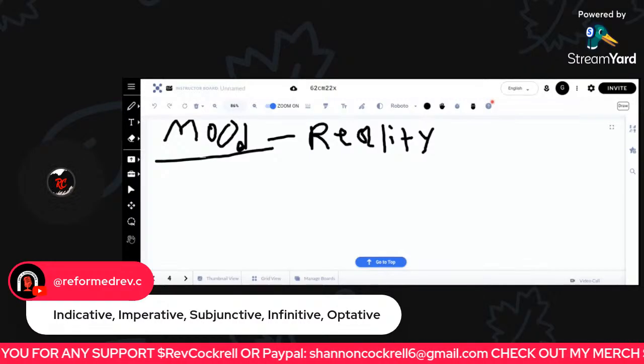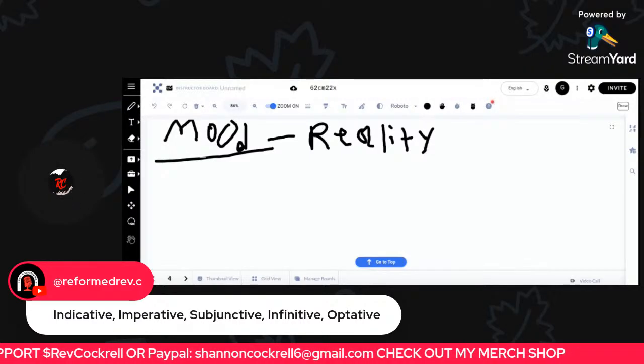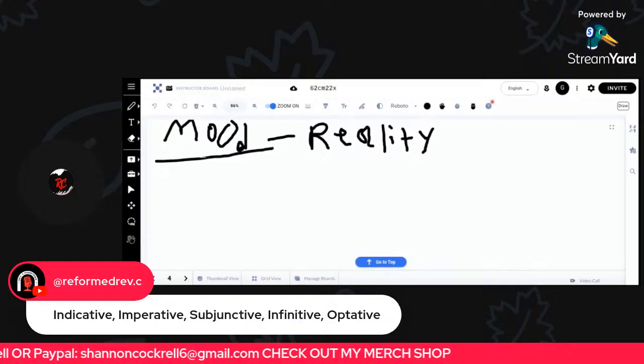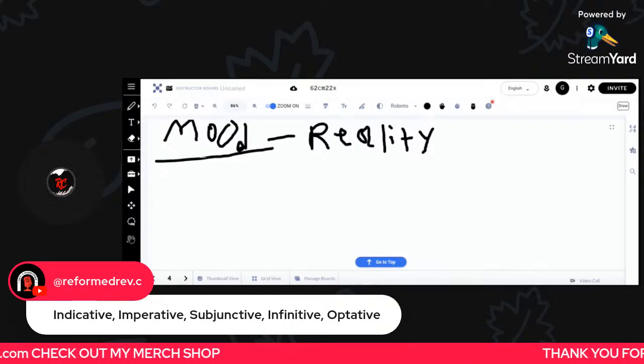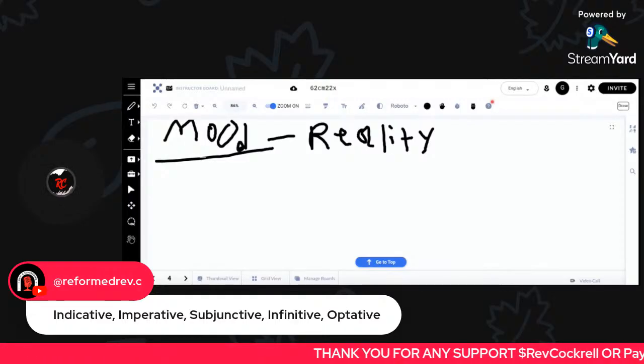So we have indicative, imperative, subjunctive, infinitive, optative. And the ones that we'll consider first are going to be indicative and imperative.